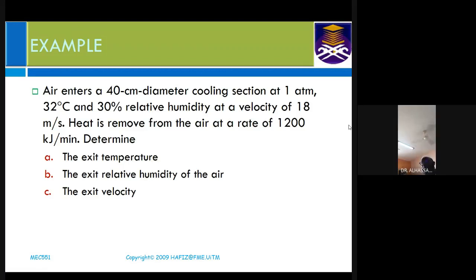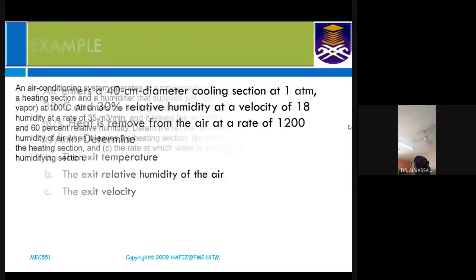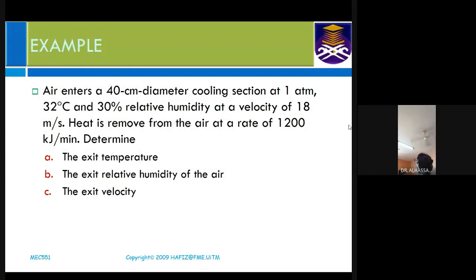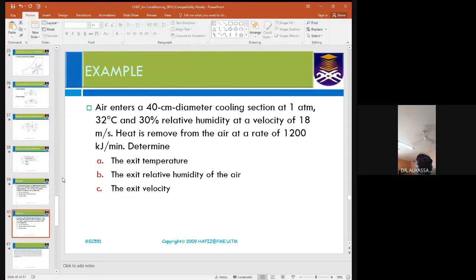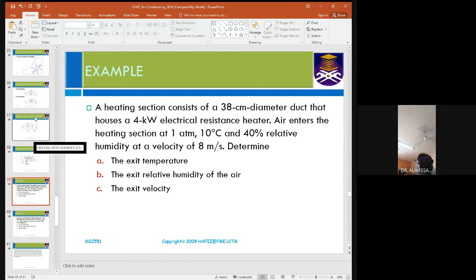Here, again, we are told that air enters a 40 centimeter duct.